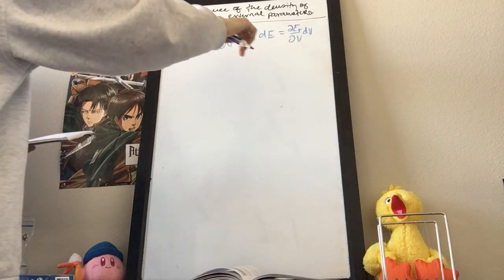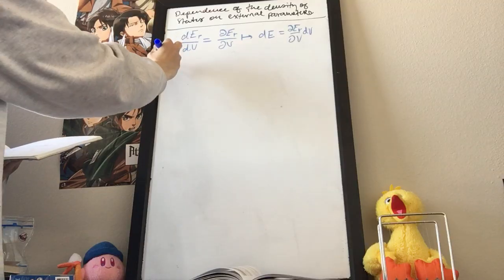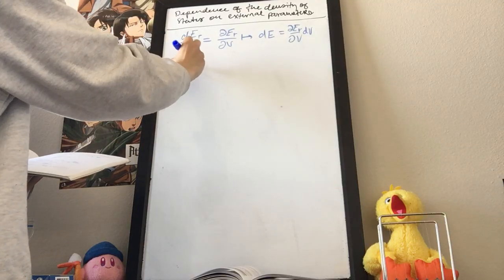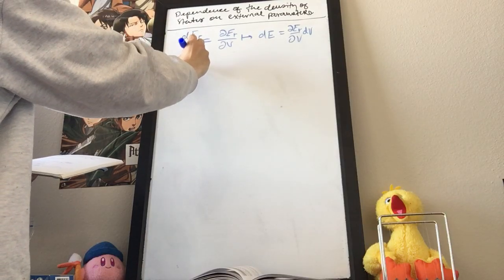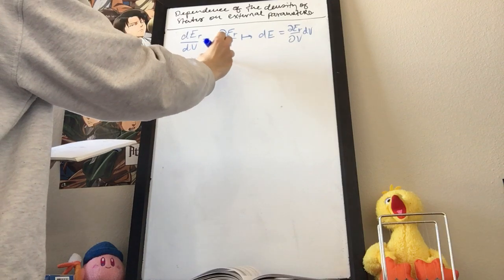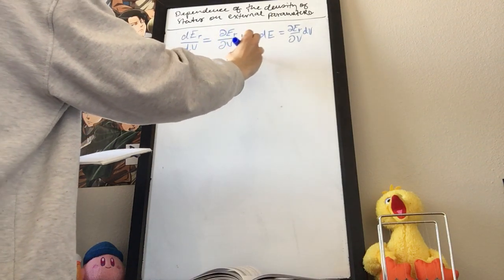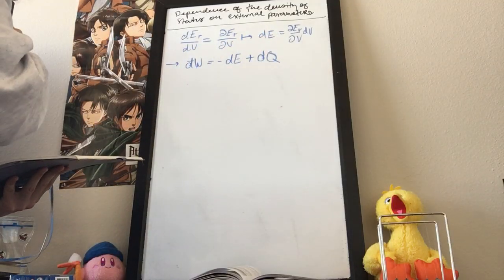Now we have our dE term, which whenever we see dE equal to something, it should ring some bells in our brain to go, let's apply the first law. And the first law, in its inexact differential form, is dW, I've been writing omega too much, is equal to negative dE plus dq, right?